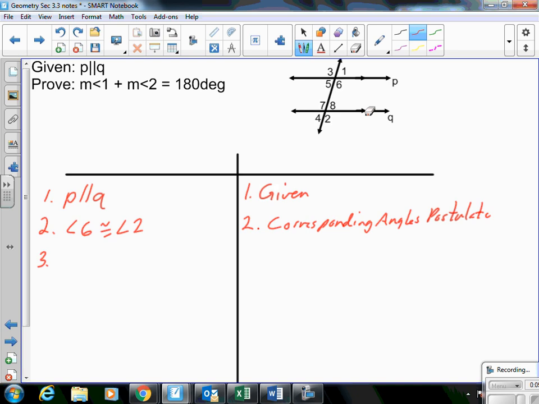So we can say that angle 1 and angle 6 are supplementary. And that's based on the fact that they're a linear pair. And what tells us a linear pair is supplementary is the linear pair postulate.